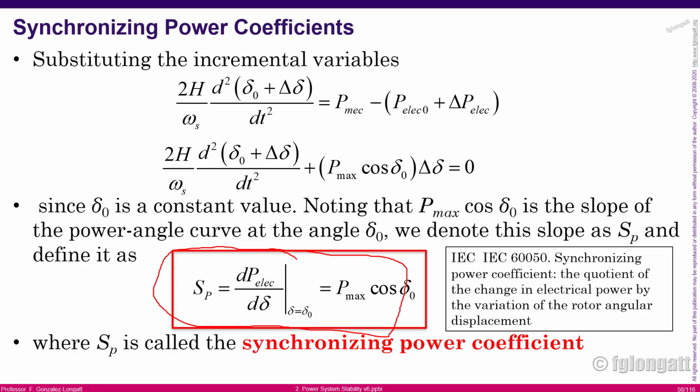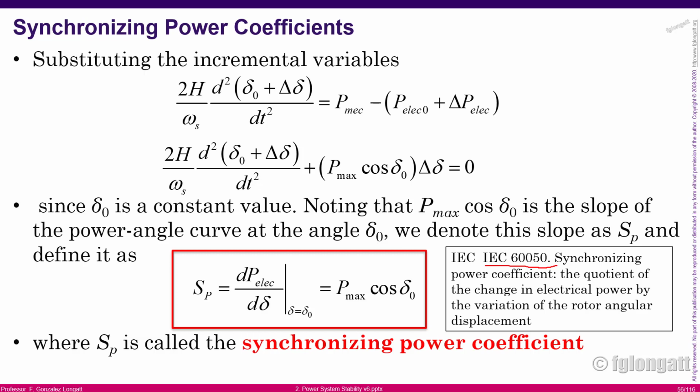And what is the synchronizing coefficient? Well, the IEEE defines the synchronizing coefficient as the quotient of the change in electrical power by a variation on the rotor angle displacement.